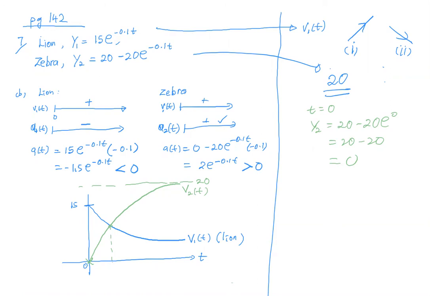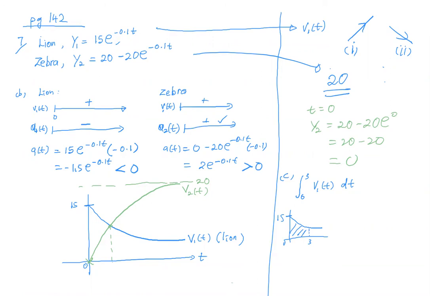So I continue with my part C. So if I integrate from 0 to 3 V1t dt, I'm referring to this area. So what does this area represent?